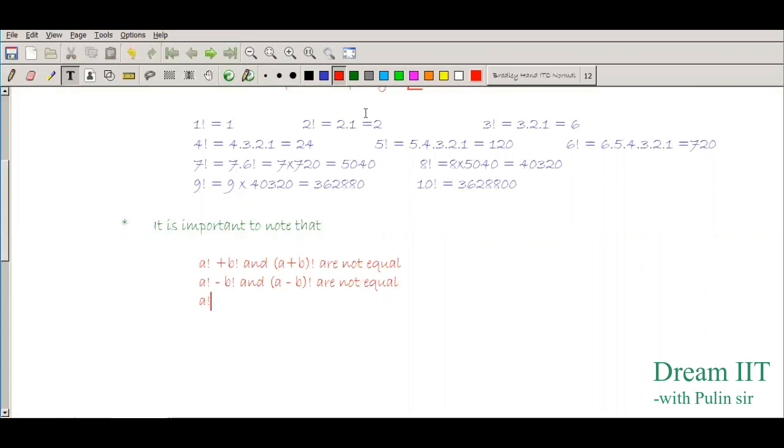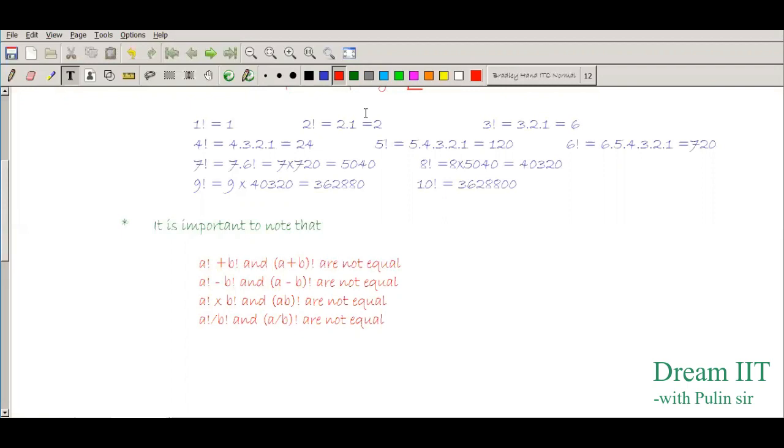So please make sure A into B factorial and AB whole factorial are not equal, right? Next, if I talk about A factorial by B factorial, I am using slash for this, and A by B whole factorial are not equal.